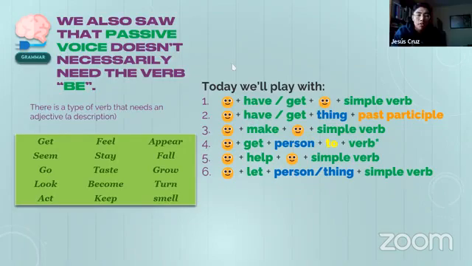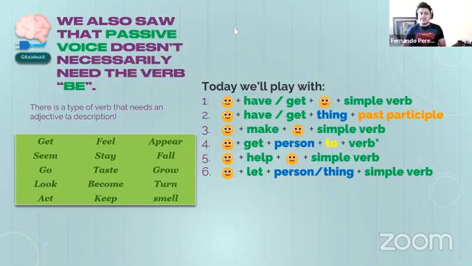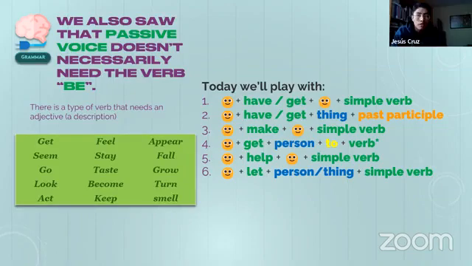Okay. Chucho, what do you remember about these 6 formulas? What are they for? I was thinking the same.